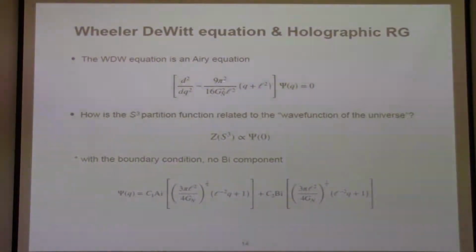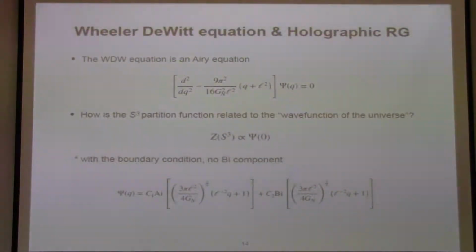Now we want to consider the Wheeler-DeWitt equation in this approximation. So this is the Hamiltonian constraint. Our Hamiltonian has a linear potential. So this is the Schrödinger equation we want to solve. And of course the answer is the Airy function.